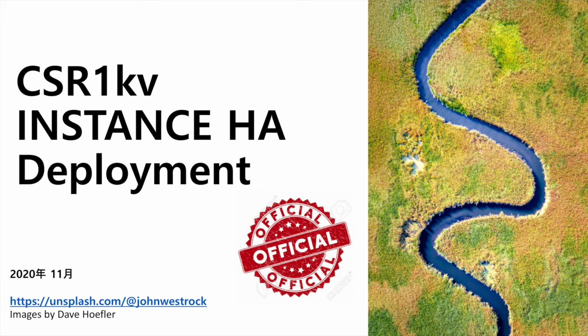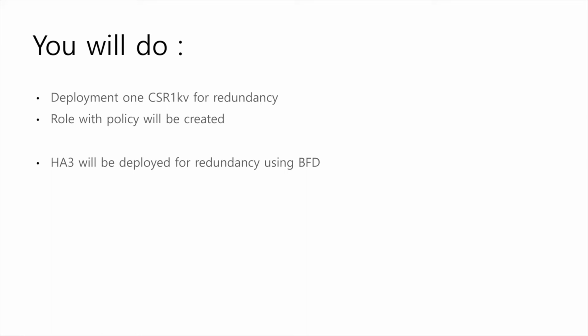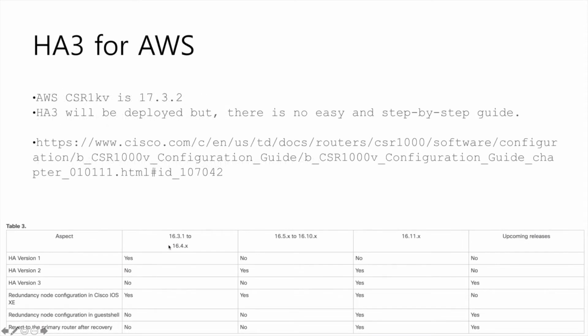Welcome back, guys. Today I will deploy another CSR1kv for HA. You will learn how to deploy CSR1kv for redundancy and how to set up HA3, which is the new Cisco redundancy method. For HA3 on AWS, we can check this configuration guide.